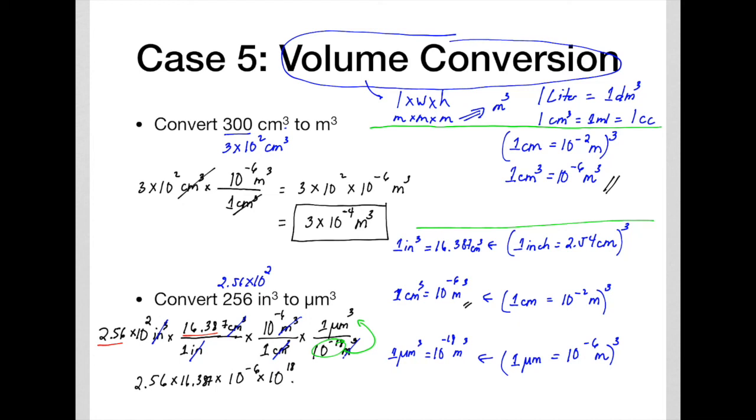So I have here 41.95 times 10 raised to negative 6 plus negative 18, that is 12. It's negative 6 plus 18, sorry. Negative 6 plus 18, that is 12. So we have now 41.95 times 10 raised to 12.